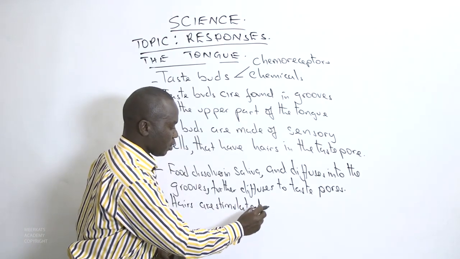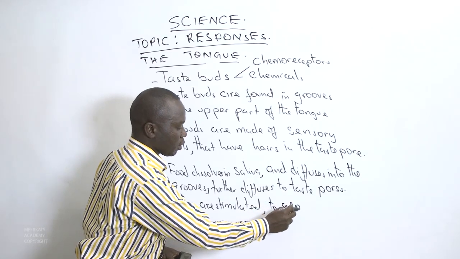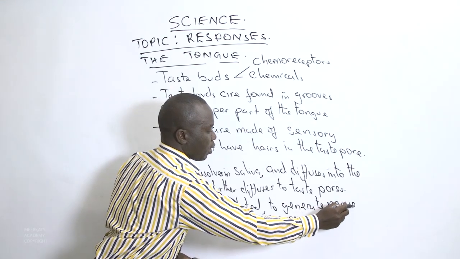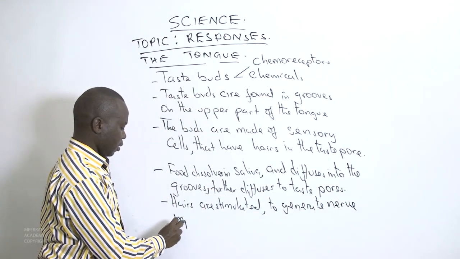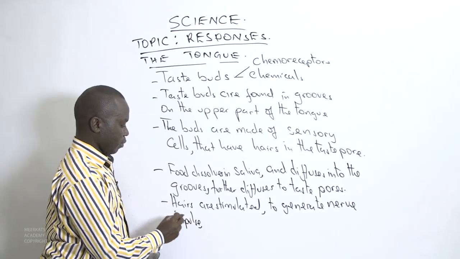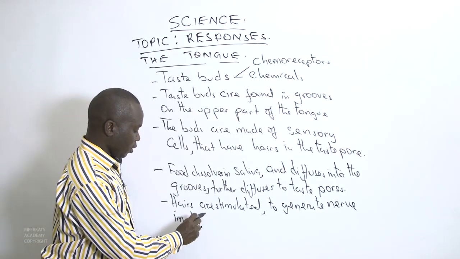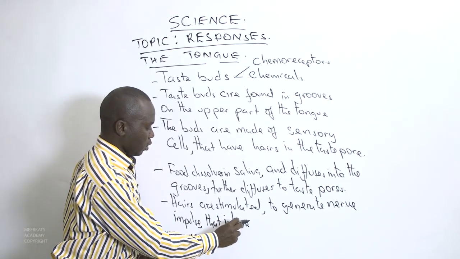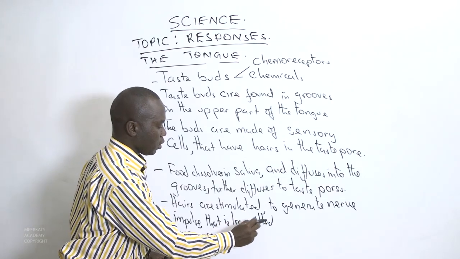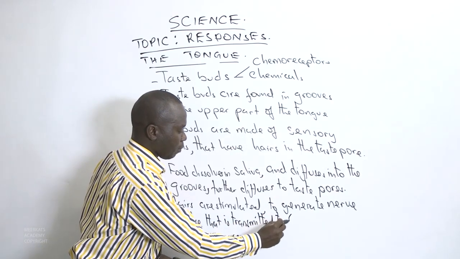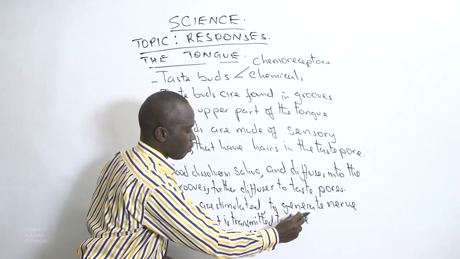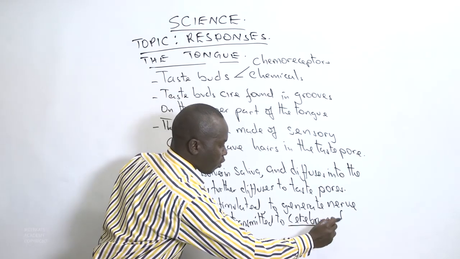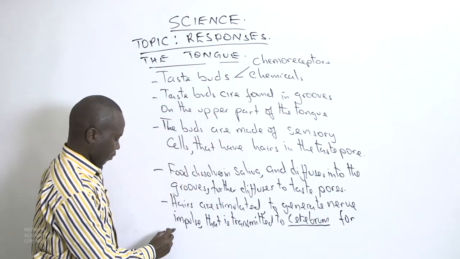Hairs are stimulated to generate a nerve impulse, which will now be transmitted to the cerebrum, part of the brain, for interpretation.